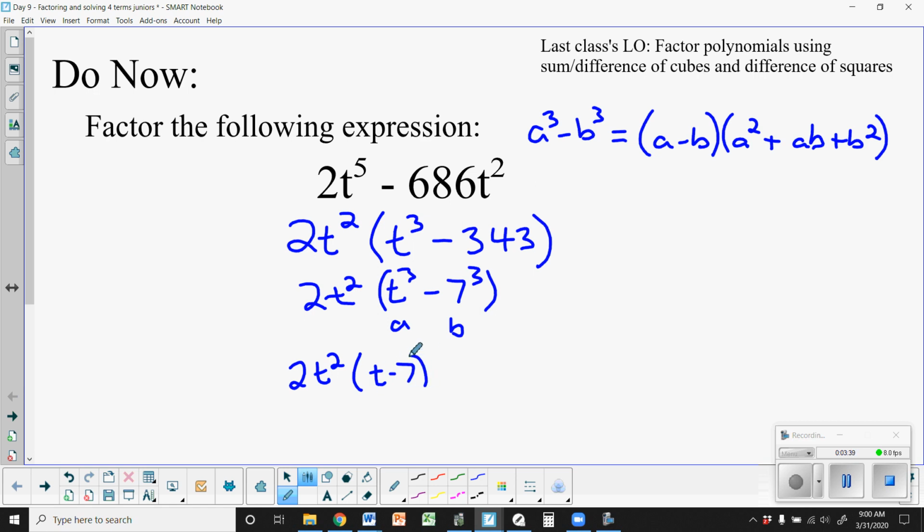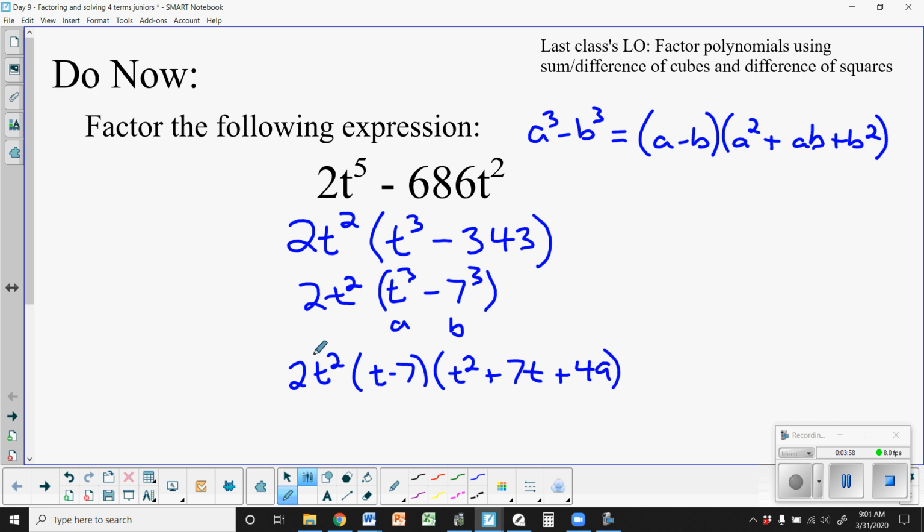So notice that we get a real 0 here, and then next we have t squared plus 7 times t will be 7t, and then plus 7 squared, which is, that's right, 49.